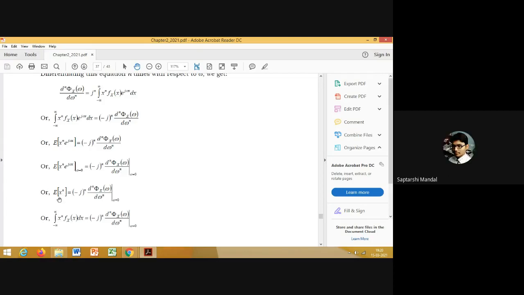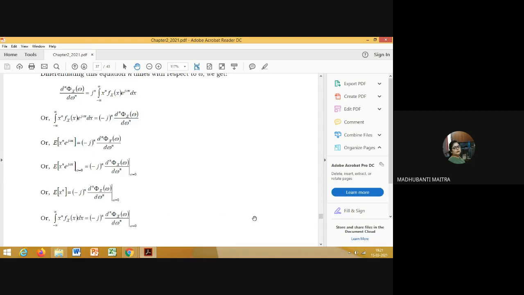So that is our required nth order moment about the origin, as per definition. That is equal to minus j to the power n d^n phi_x(omega) / d omega^n, but this time we'll have to evaluate this derivative when the value of omega is equal to 0.